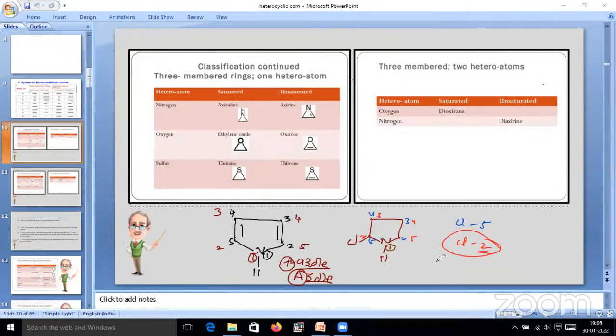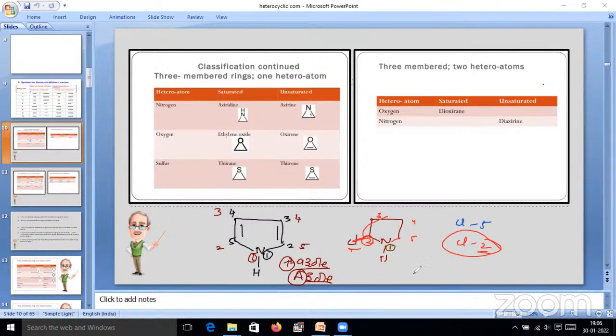According to the lowest number rule, we follow this method. The lowest number will be given to the substituent.